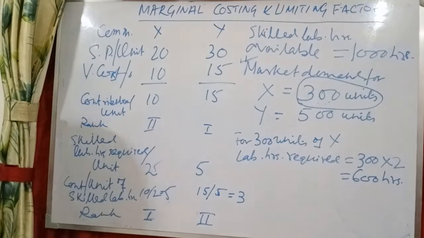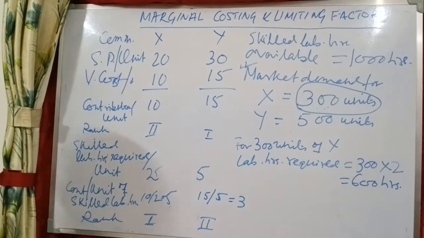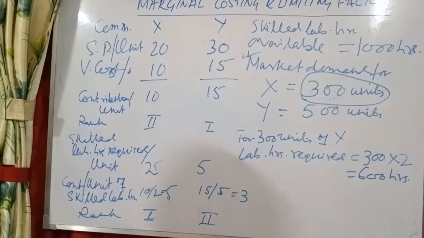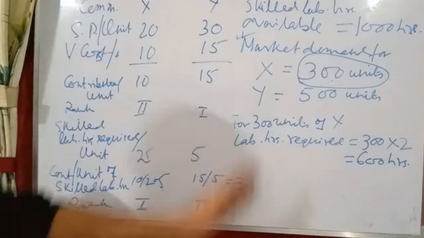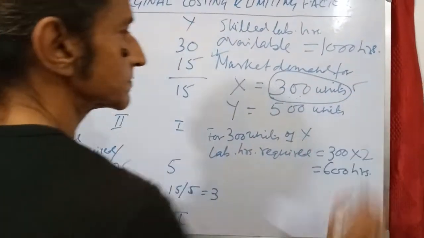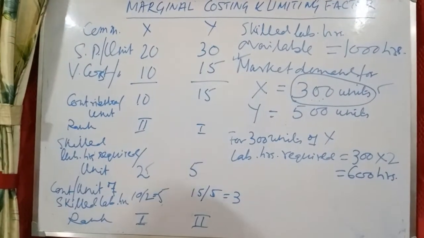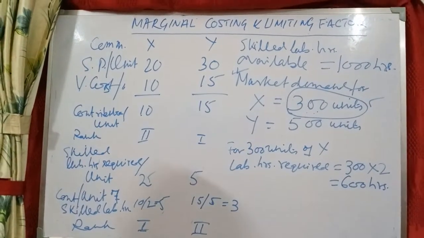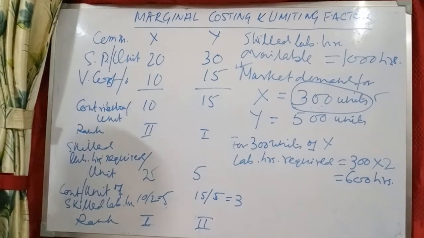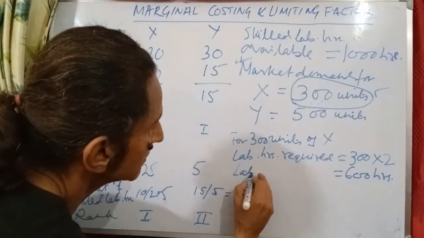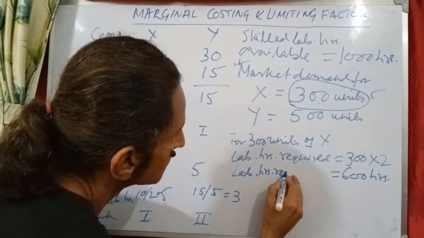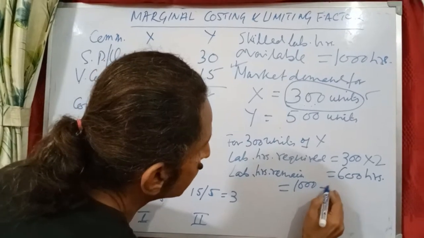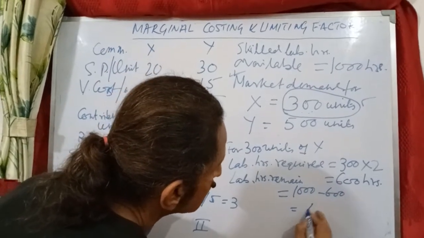Okay. So the firm has utilized the available skilled labor hours to produce product X to the maximum level, that is to meet the market demand. So 600 hours are already consumed by the firm. So how many labor hours remain? Labor hours remain is equal to 1000 minus 600 is equal to 400.